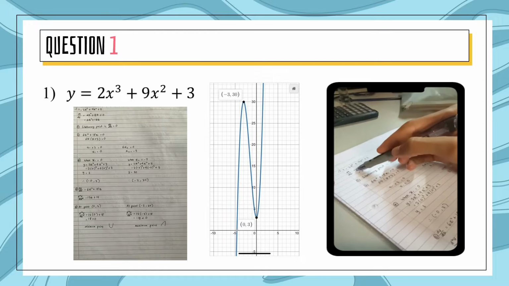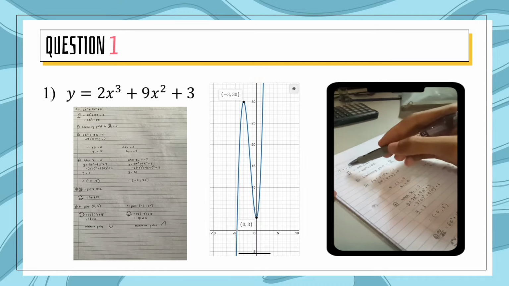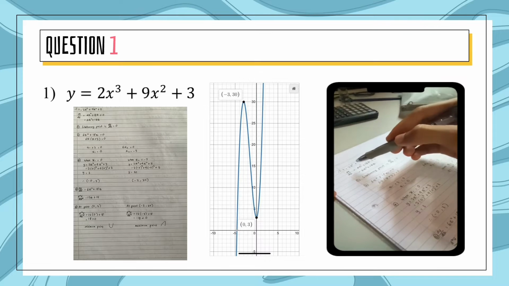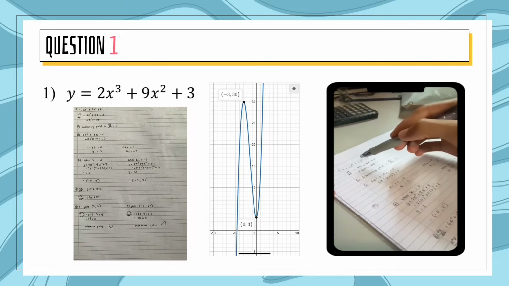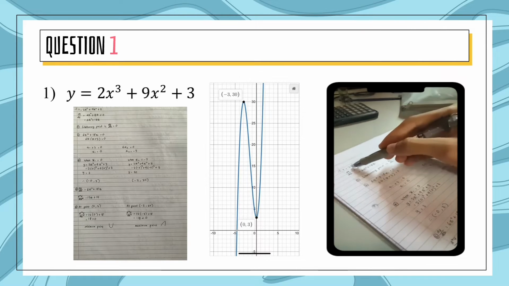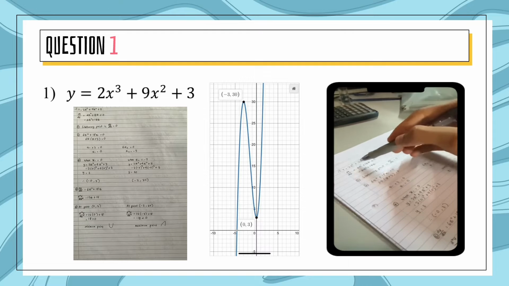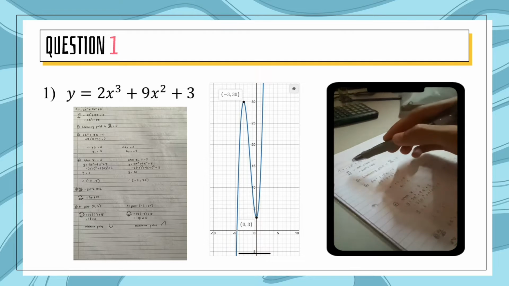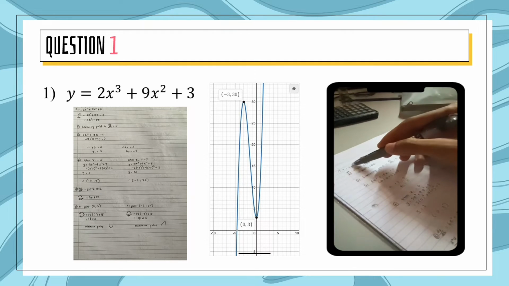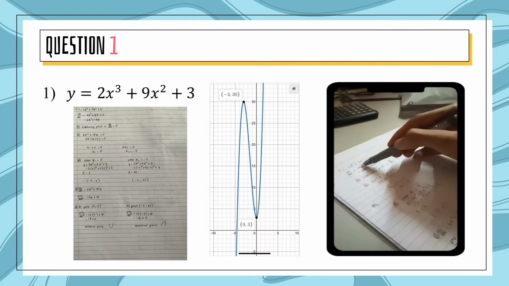Okay, the way to differentiate this question is that we need to multiply by the power number that is in the question, like 2 times 3 equals 6, and then we need to subtract one from the power, so the power will be 2.